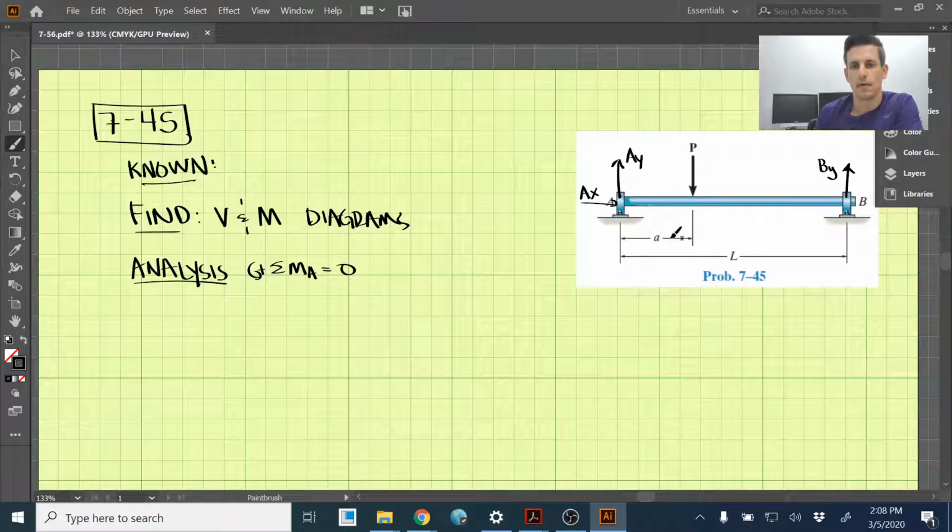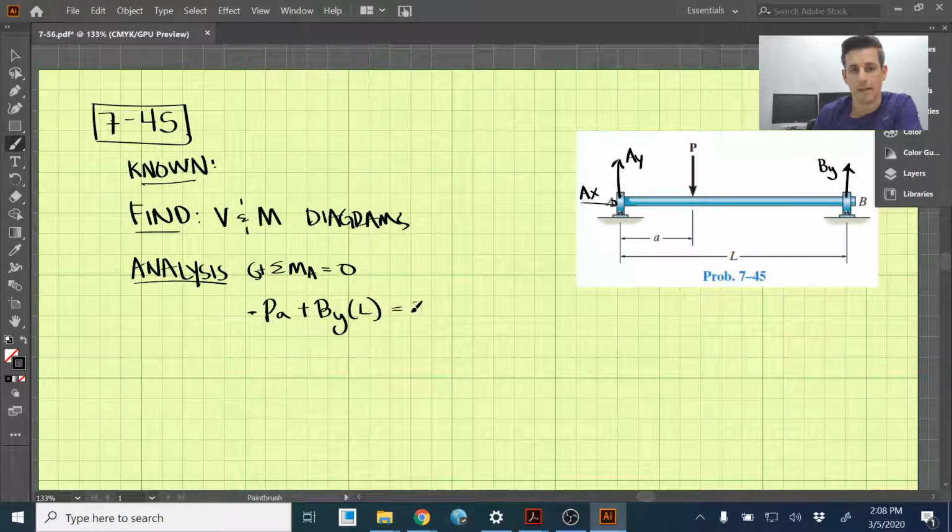So we have P at a distance of A away, and that is going to be clockwise, so that's negative. So we have negative P times A, and then we have By, which is counterclockwise at a distance of L away. Setting those equal to 0, we find that By is equal to PA over L.